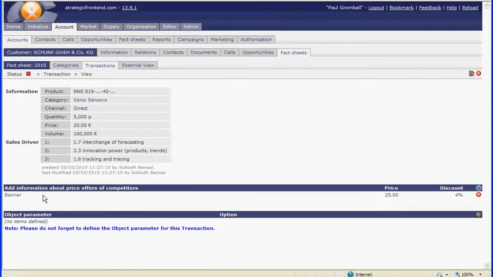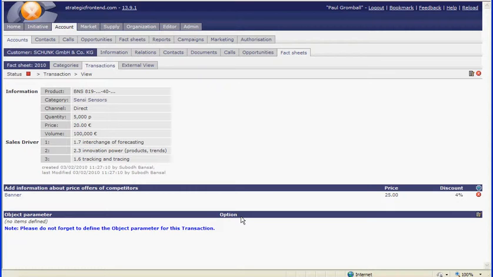And you see also the offer from your competitor, which was Banner, and the price and the discount he was given. And you can also have the option to find out variation of the product links and so on.